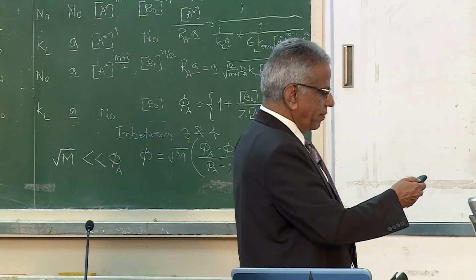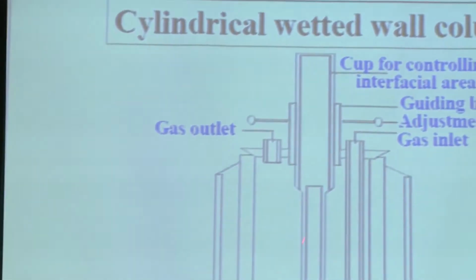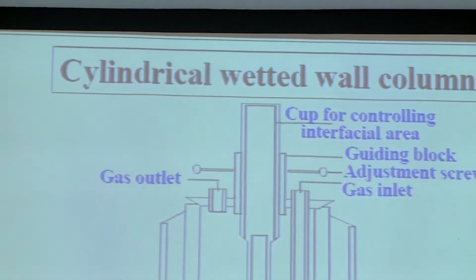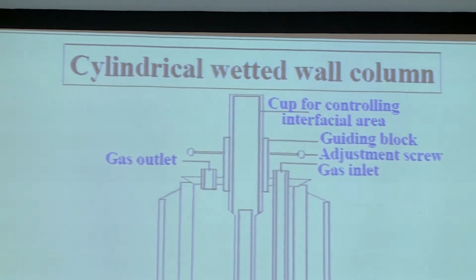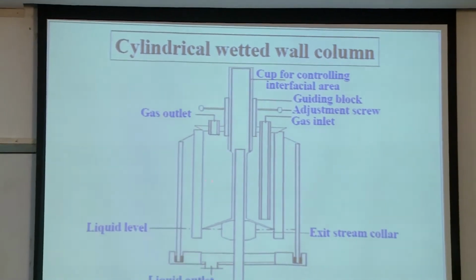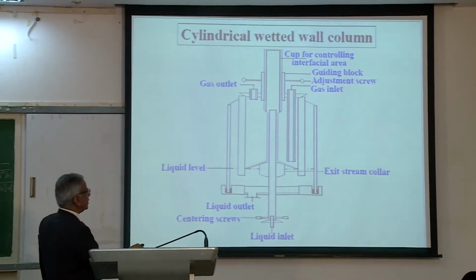This is called a wetted wall column. In this overall cylinder, there is gas. This is filled with gas, all right. There is one inlet and there is an outlet.